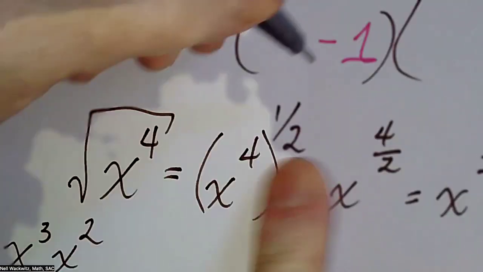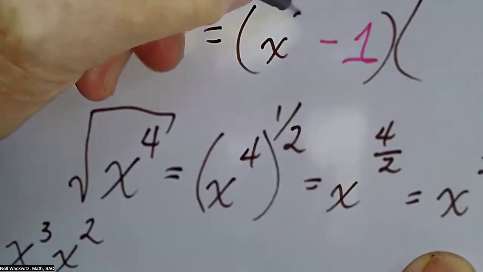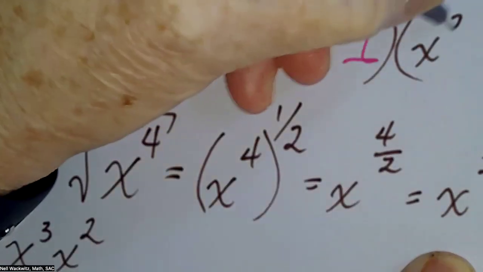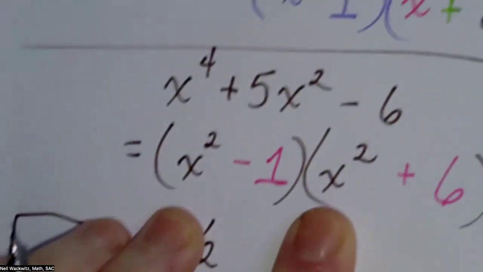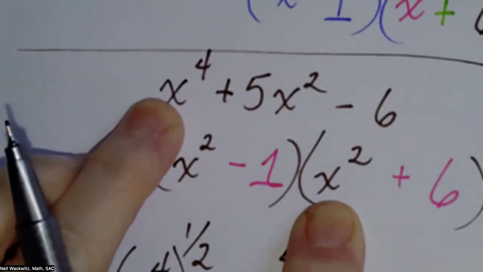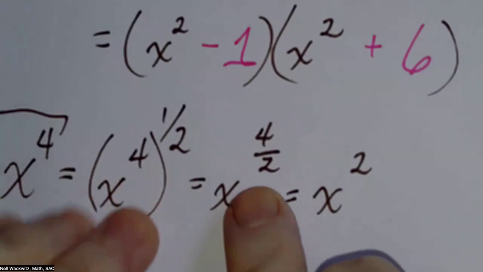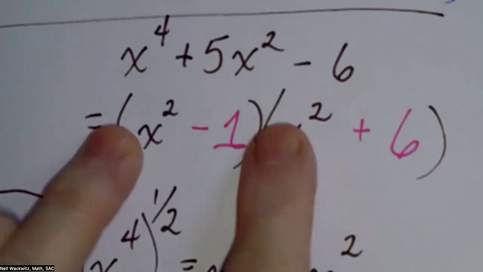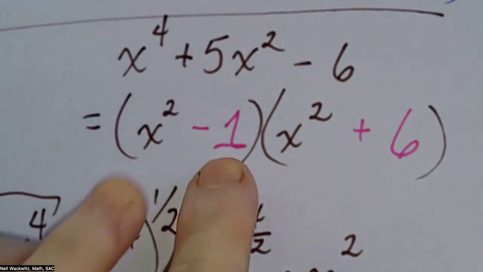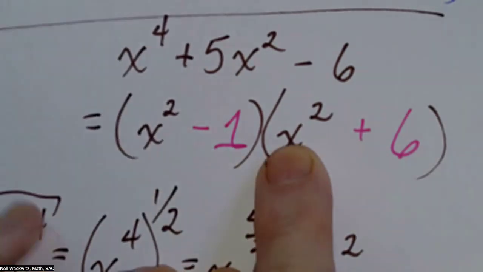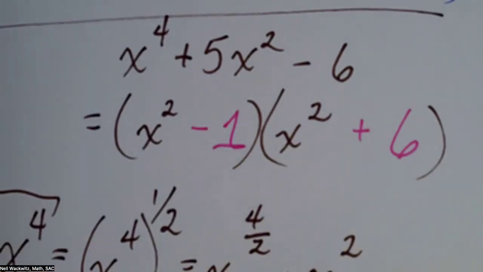Very good. Tells us that the first term in each factor, if we start with x to the fourth, each factor will be x squared. An x squared minus 1 and an x squared plus 6.